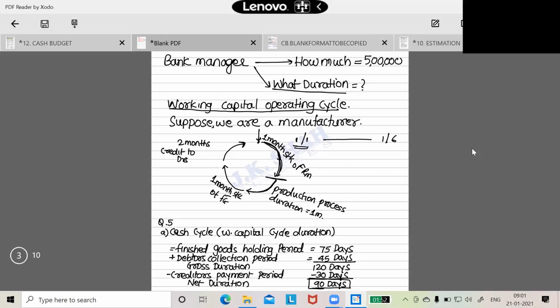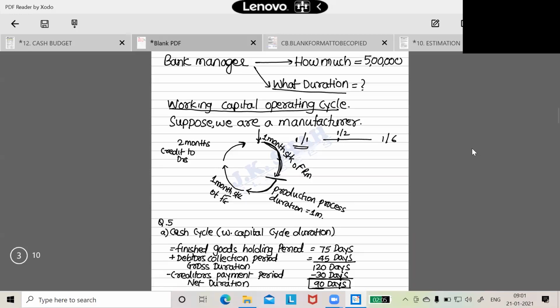Now the person who is selling me the raw material, who's that? Suppliers. Supplier means creditor. So the creditor is giving me 1 month's credit. He says, you don't pay me on 1st January, you pay me on 1st February.